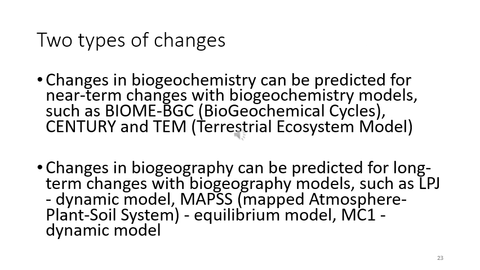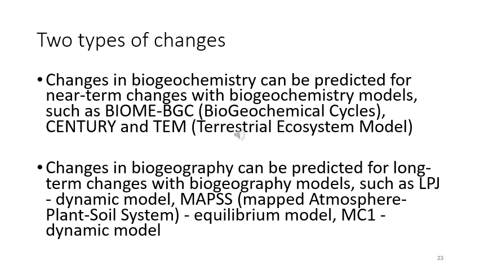So just like we use climate models for understanding and predicting climate change, we can also use other types of models, such as biogeochemistry models and biogeography models, in order to understand how climate change is interacting with our ecosystems.